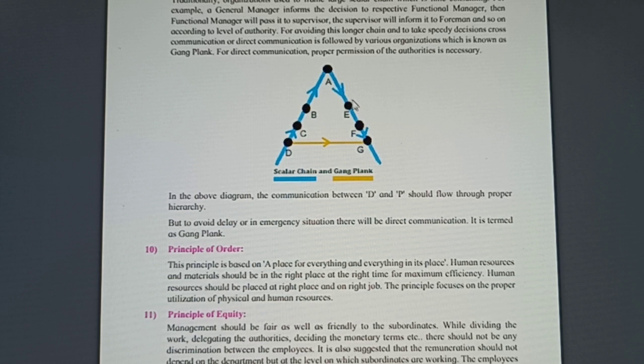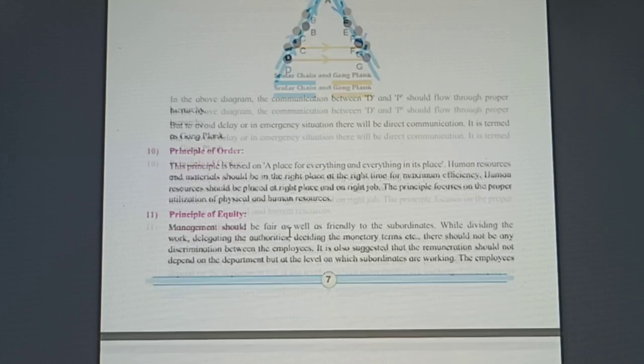They do not have to go to A and then have the communication coming down or going up. This will save the time of the communication, and this will save the time of the organization also. So as you can see from this diagram, this gangplank is prepared between the same level subordinates, and the blue part, as you can see here, is called the scalar chain. You can explain this in your own words. You can draw any type of diagram, whatever you need. It should be drawn in a triangle manner.